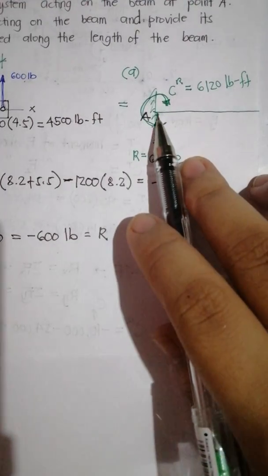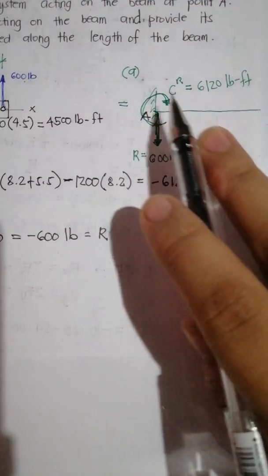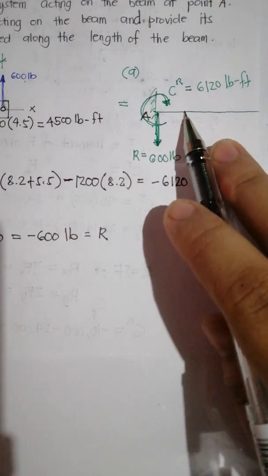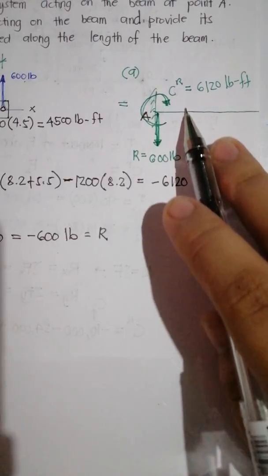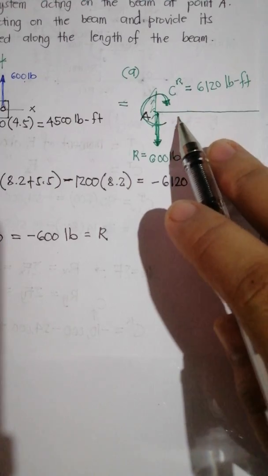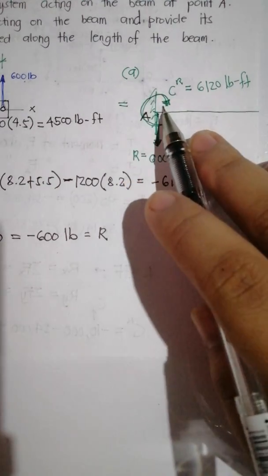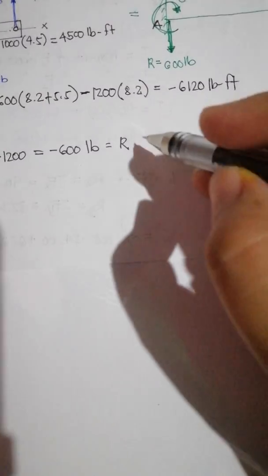The answer would be, we have to move it to the right, because if we transfer it back to A, its moment about A, if it is originally here at the right side, then the couple of transfer will be clockwise rotation. So we really have to transfer it to the right side.